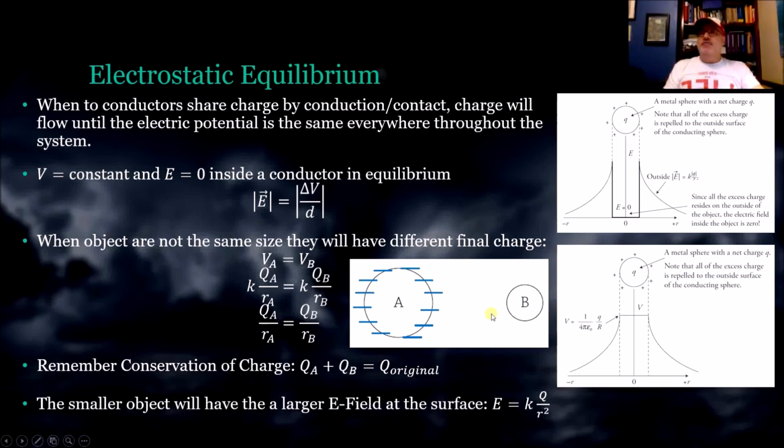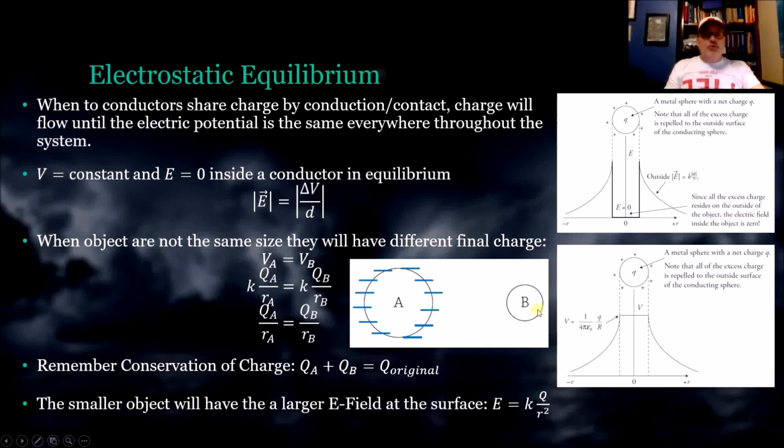A has to have twice as much as B if it's twice as big, but A and B together still have to equal the original 3 negative coulombs of charge. So A would have 2 coulombs of negative charge, and B would have 1 coulomb of negative charge. A has twice as much charge, but when you add them together, they have the original 3 coulombs of charge that we started with.